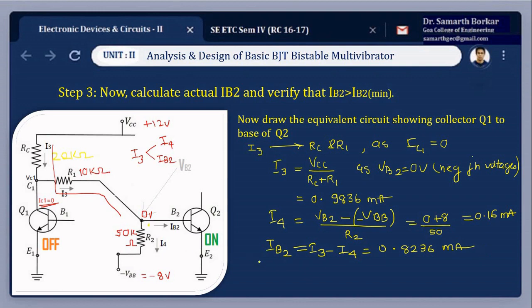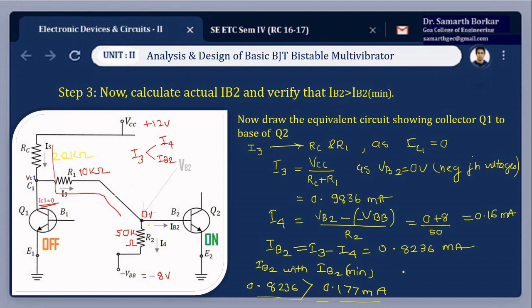Now the problem does not end here. We have to compare IB2 with IB2 minimum. IB2 minimum, we have already calculated as 0.177 milliamperes. And what we have obtained for IB2 is 0.8236, which is greater than IB2 minimum.